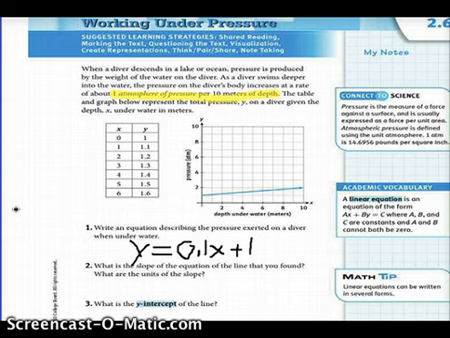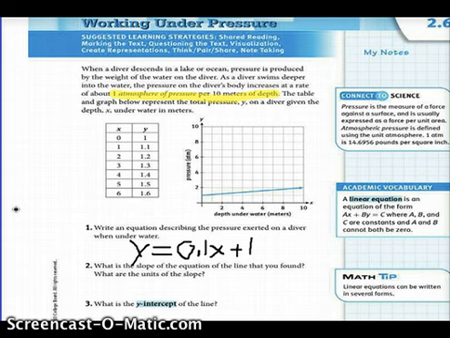What does that mean? Who can say what that means in our situation? Michael? In the situation, the diver didn't start at the bottom. I'm sorry.